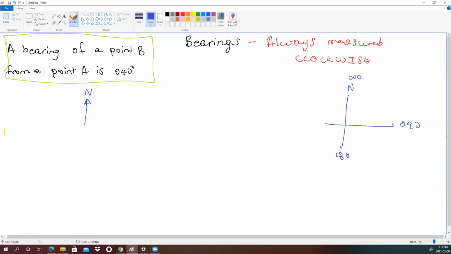The bearing of a point B from a point A. Where it says "from", this is what we call the point of reference, and that goes right under your north line.